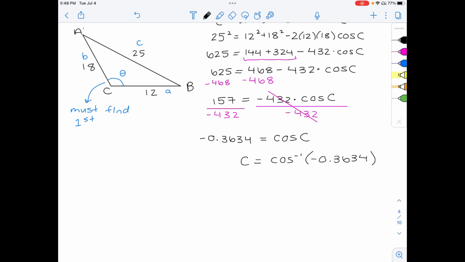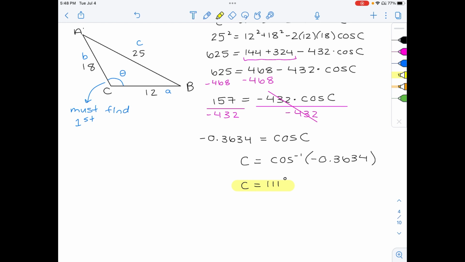If you're just keeping the number on your calculator and then doing the inverse cosine, it's fine. It won't really make a difference. But if you're going to clear your calculator and type the number back in, make sure you put that negative. So we'll do the inverse cosine of that number. You get 111.31, whatever. Again, it's just rounded to the nearest whole number because it is an angle measure. So that means that angle C is 111 degrees.